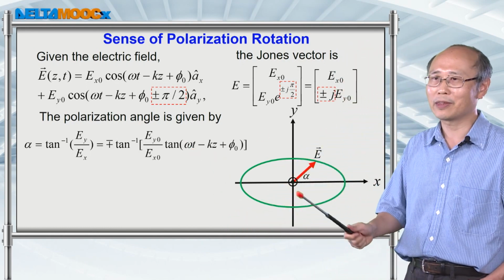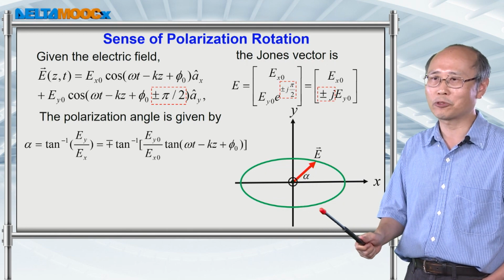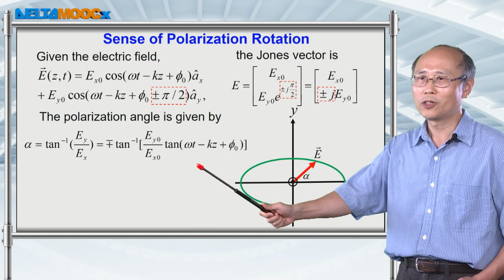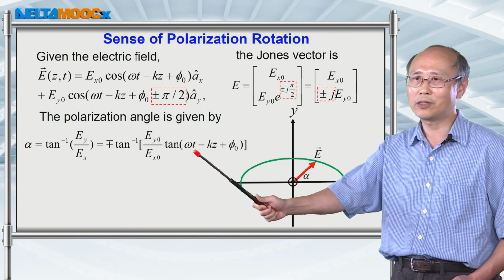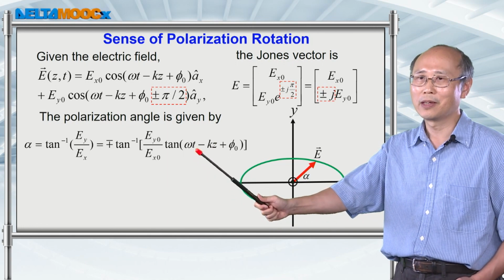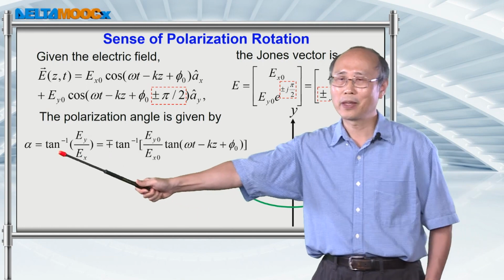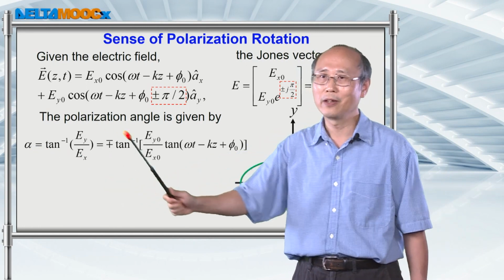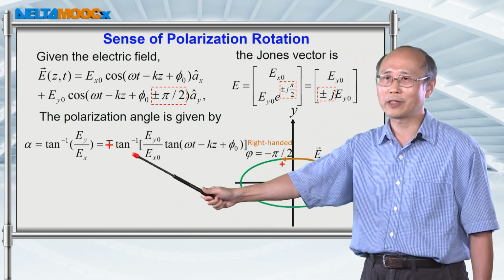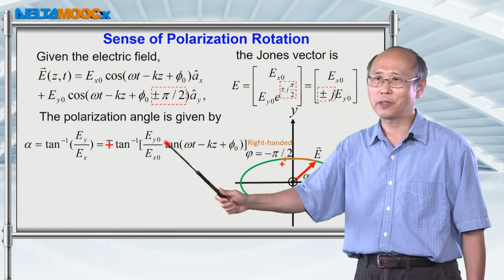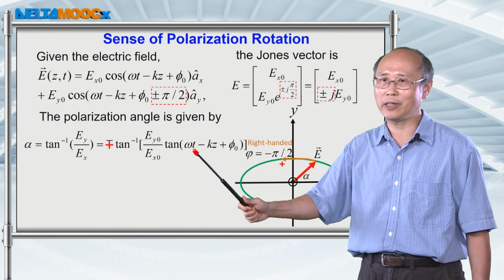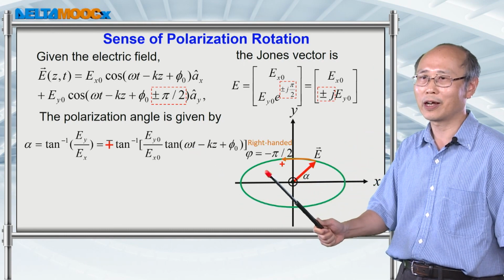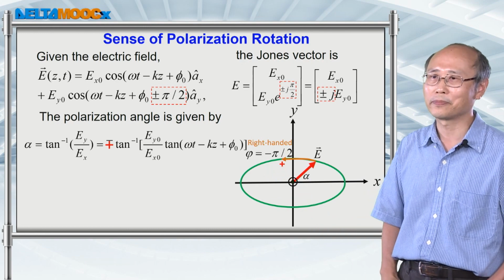So when we plot this ellipse on this xy plane, we already fixed the position of z. So if we allow this t to change over time, you're going to see that this alpha is going to increase or decrease over time. For example, if you choose this plus sign, this means that if we increase t, this alpha angle is going to increase over this direction.